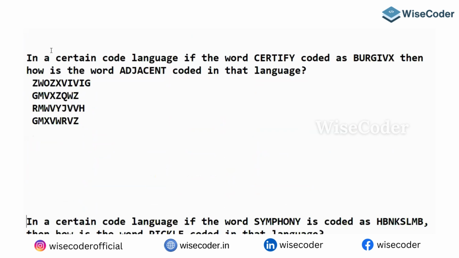Let me read the question. In a certain code language, if the word is coded as B, U, R, G, I, V, X, then what is the code for adjacent?